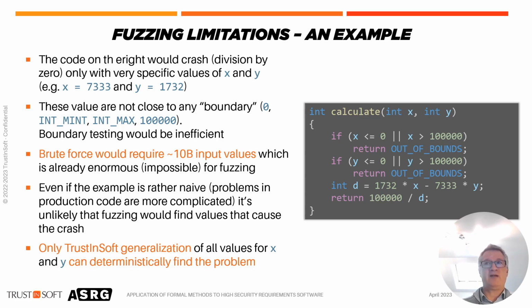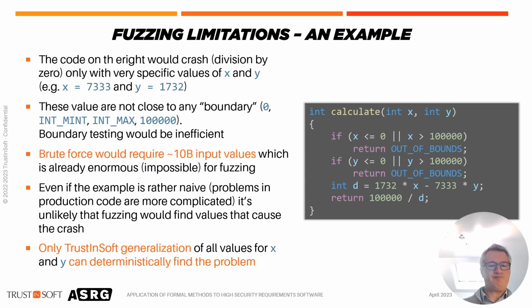Conversely, with formal methods, if you say x can be anything between 0 and 100,000 and y the same, you are absolutely certain, there's a mathematical guarantee, that the analyzer will find that there is at least one value pair, or one input vector, that can cause a division by 0 in that case.